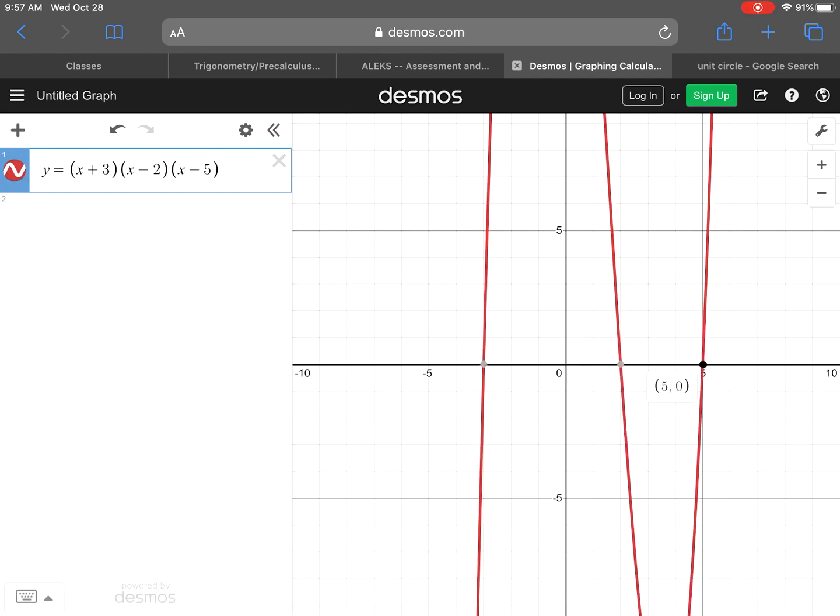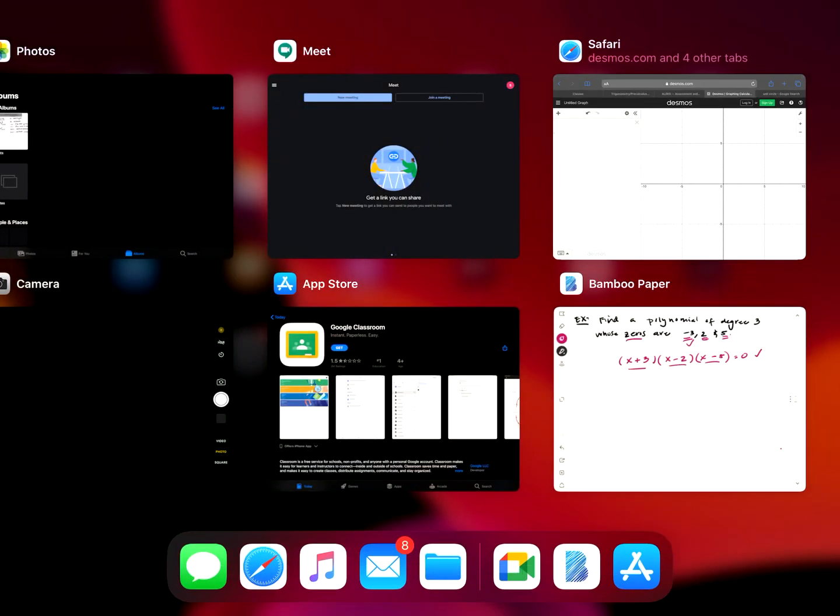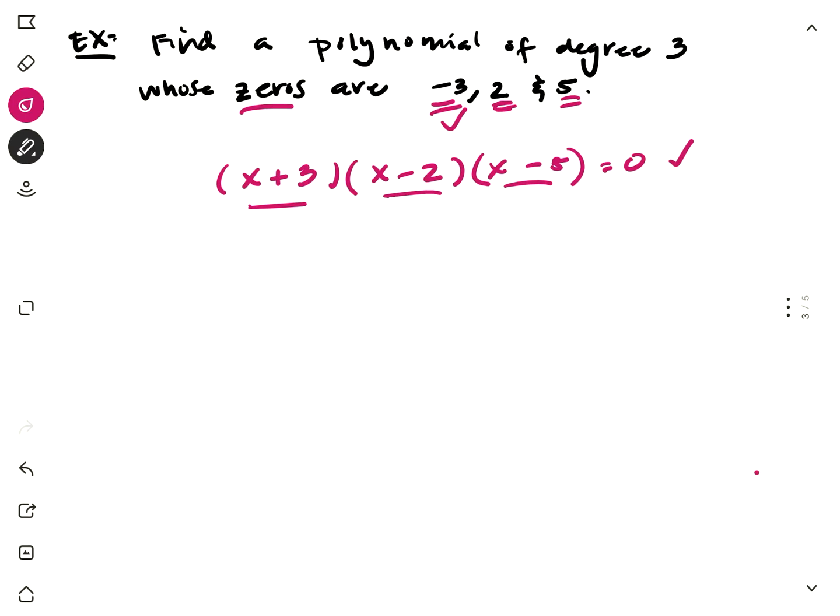Okay, and then if we look at here, we can definitely see the graph of that has 3 zeros, and they're exactly where we want them, at negative 3, at positive 2, and at positive 5. So we're using that to verify that our equation is correct.